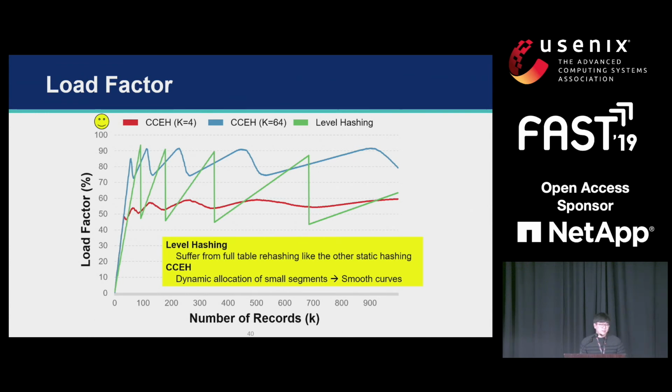There are graphs in the paper about it, but as you can see, as we increase this parameter k, we have higher load factors, but it performs worse. It's in the paper. Please refer to the paper for the details.